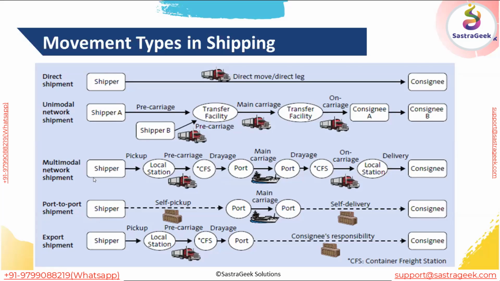So it can be road, ocean, rail, air, any combination where more than one mode is used. Sometimes it can be road, ocean, air, and then again road. So there are three types of mode of transport used. This is also called a multimodal shipment.